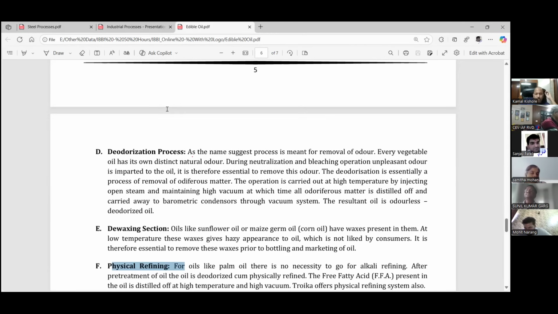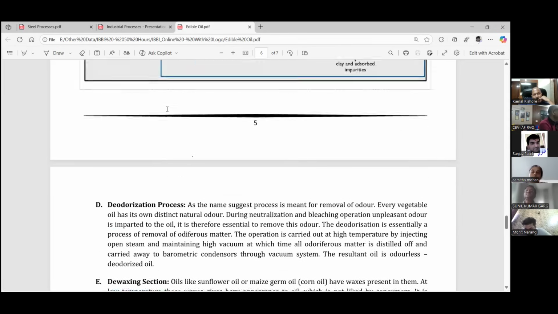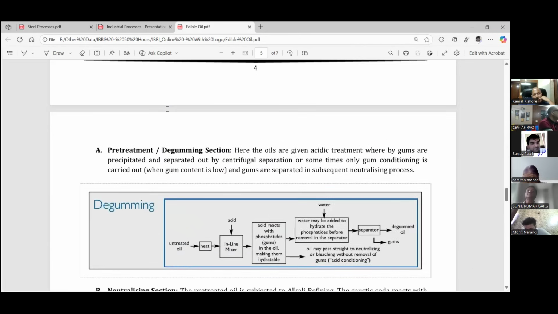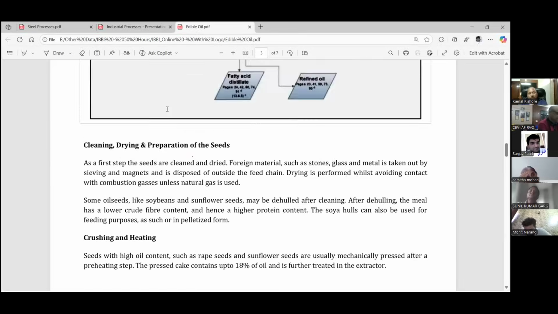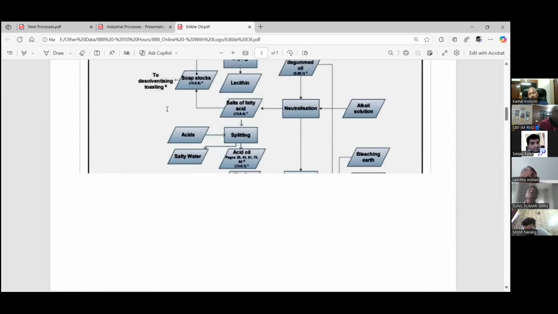And each reactor may have 3 or 4 storage tanks: 1 or 2 storage tanks for the input, 1 or 2 storage tanks for the output. So majorly all the reactors and tanks are the major machinery or equipment of an edible oil plant.